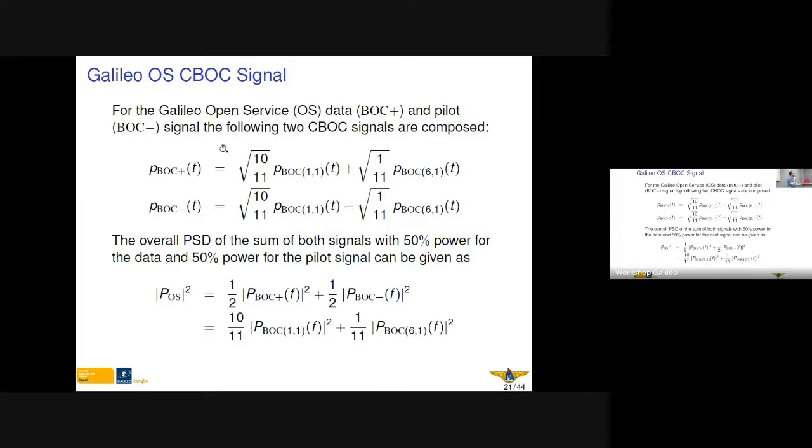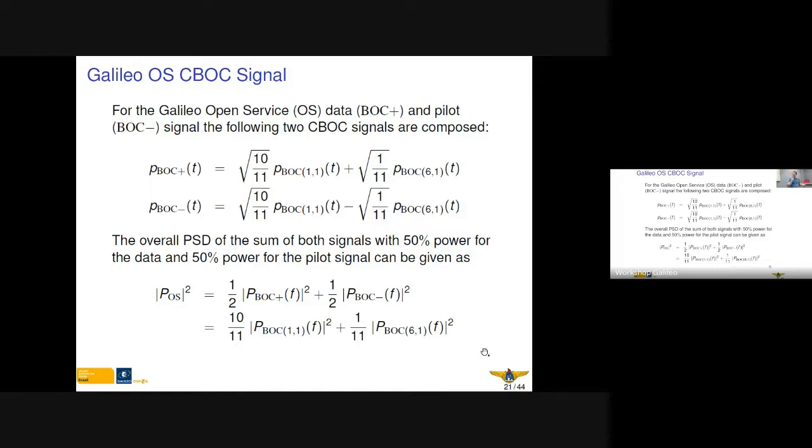And we can see here, this is the weighting coefficient, 10 to the 11 and 1 to the 11th. And the overall PSD of the sum of both signals, so we take now the PSD of the BOC plus and the BOC minus, and considering that we have 50% of the power for the data component and 50% of the power on the pilot component, we get exactly this, that we have 10 11th BOC(1,1) power spectral density and 1 to the 11th BOC(6,1).